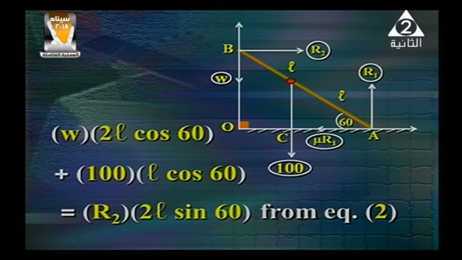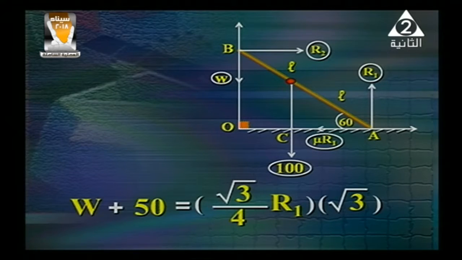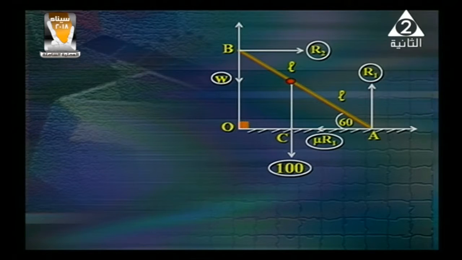Look at the ladder inclined with angle 60 to the horizontal. BO over AB equals sine 60. Then OB over 2L equals sine 60. Remember, sine 60 equals root 3 over 2. Then the equation becomes W plus 50 equals root 3 over 4 R1 times root 3.